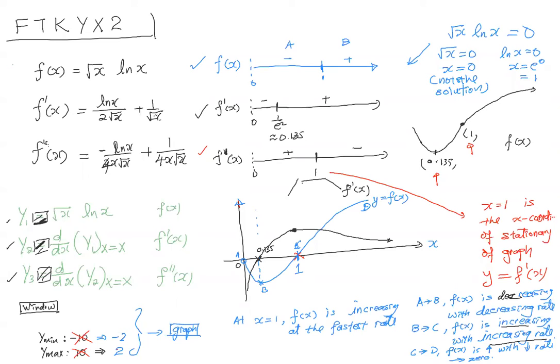So that is also another meaning of the non-horizontal inflection point. If the question asks for fx increasing at the fastest rate, then you have to look at the inflection point, or the x coordinate of the stationary point of f prime x. Are you clear?